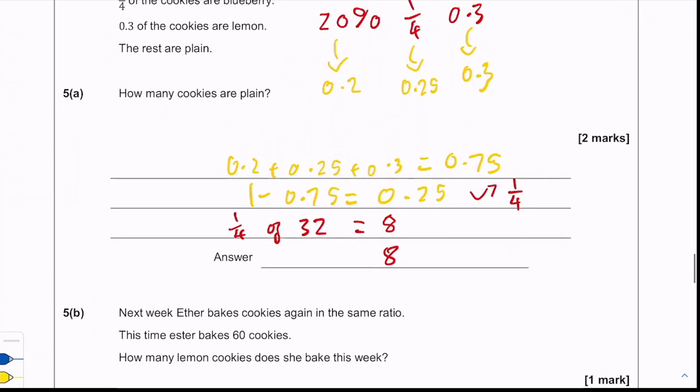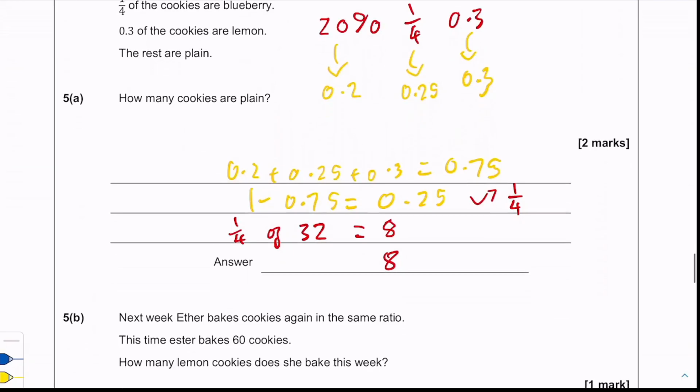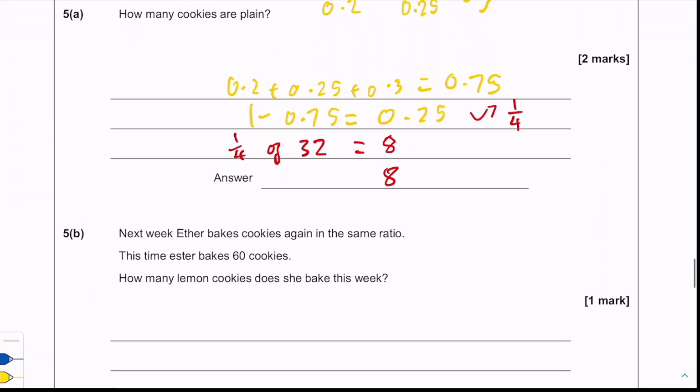Right, okay, so lemon is, where is it? 0.3 for lemon. So let's work this out. So we can say first of all 0.3 is equal to 30%, just to make it a bit easier to work out the answer. Percentages are just a bit easier, and I mean we could have done fraction here, that's also fine, to work out the answer than decimals.